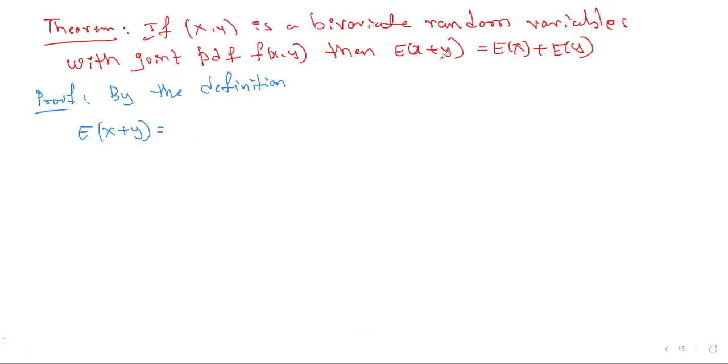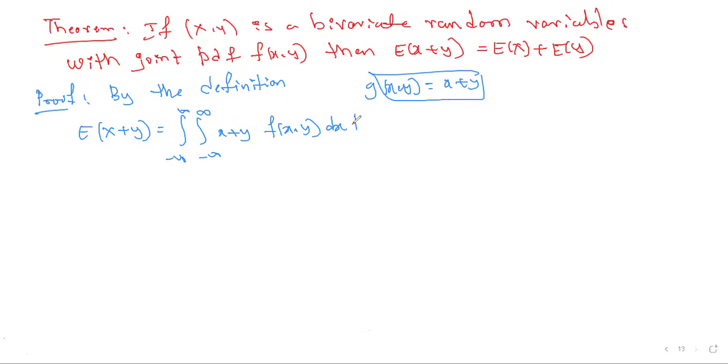Here g of x comma y is nothing but x plus y. So the double integration from minus infinity to plus infinity of x plus y times f of x comma y dx dy. This is what our definition says.